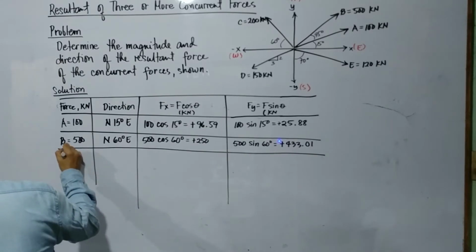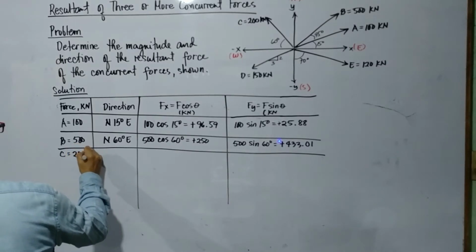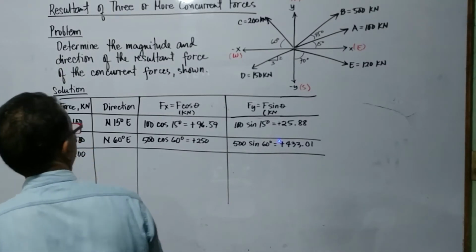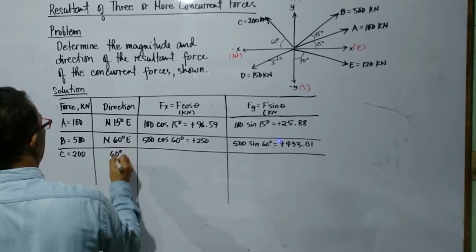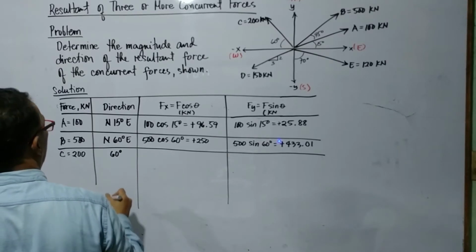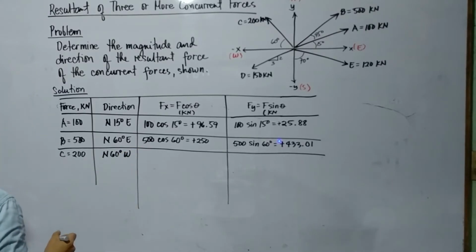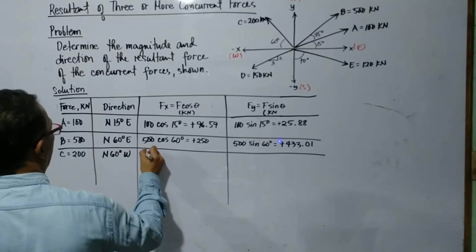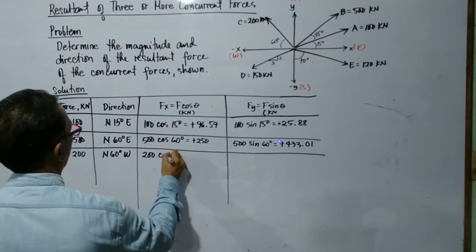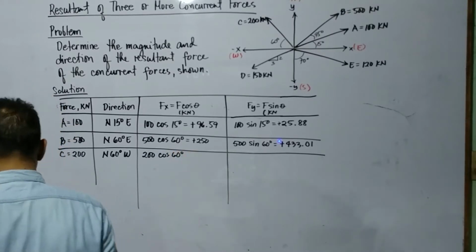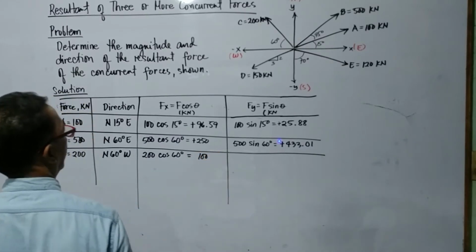For letter C, for our force C, we have 200, 60 degrees north of west. So we have now 200 cosine 60 degrees. We have 100 kilonewton.